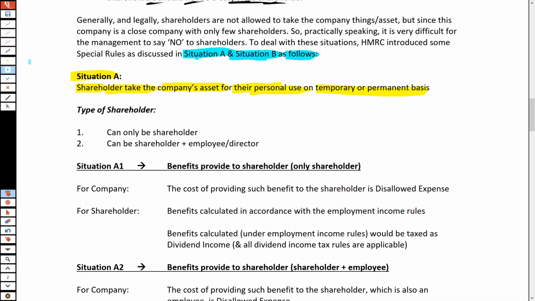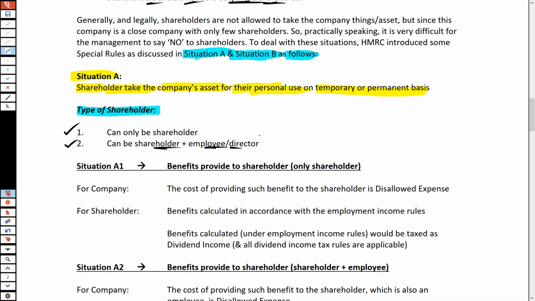Before discussing the tax treatment, we should know about the type of shareholder. What exactly do we mean by this? Basically, the shareholder could be only a shareholder, or that shareholder could also be an employee or director in the closed company.